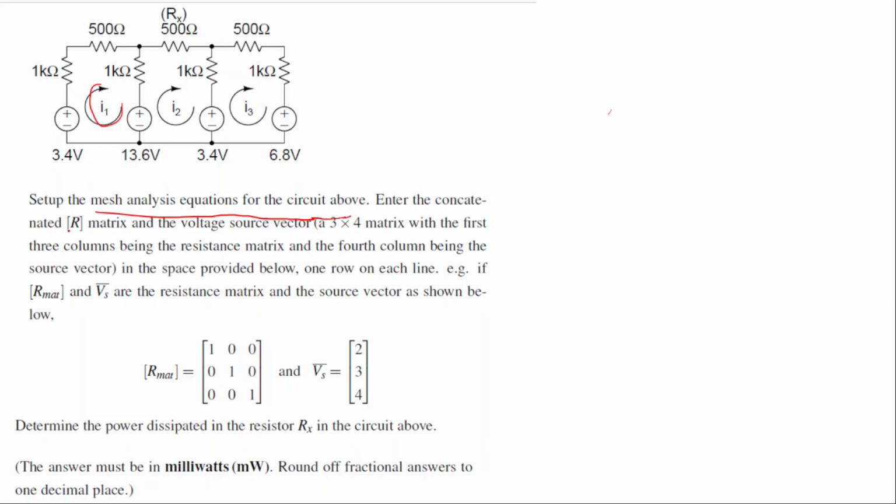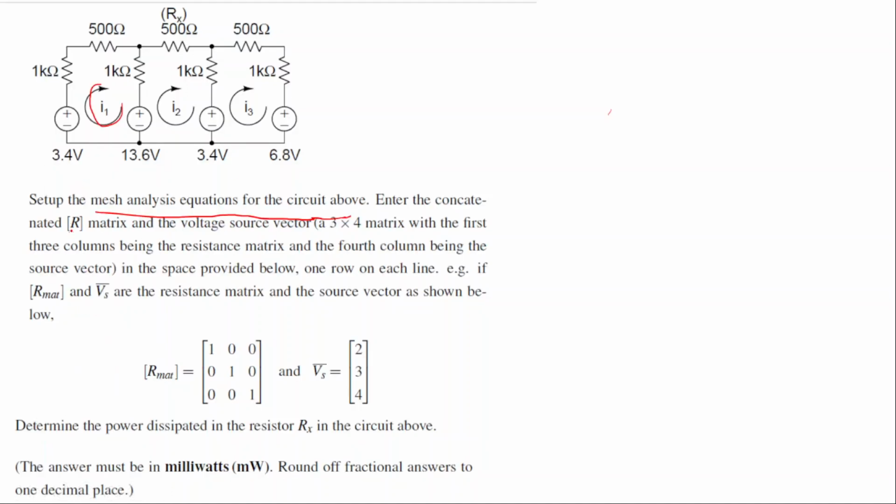We need to enter the R matrix, and then we need to find how much power is dissipated in the resistor Rx. If this R matrix is this and the B matrix is this, we need to find the power dissipation.